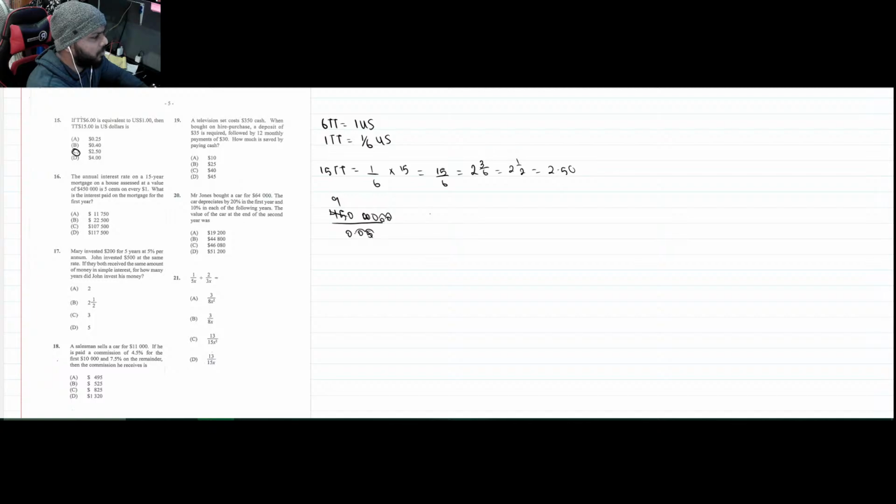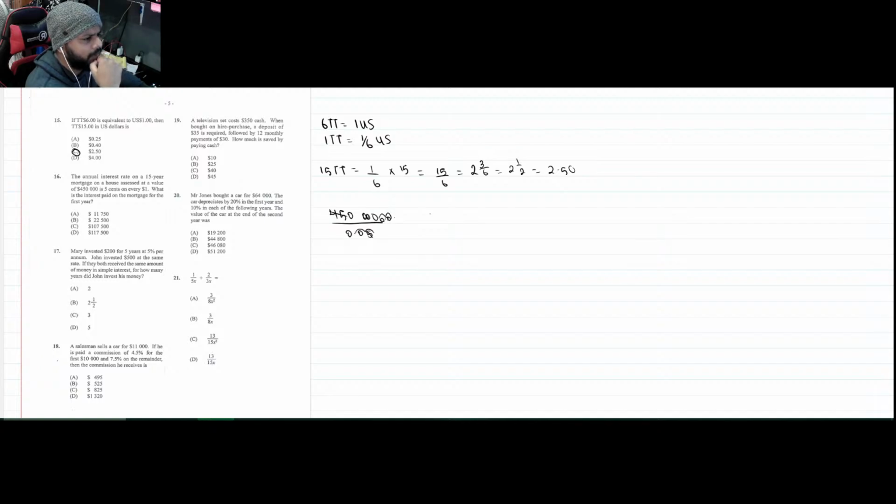So on every dollar, let me think about this for a second. Assessed at a value of $450,000, 5 cents. Yeah, 5 into 45 is 9.